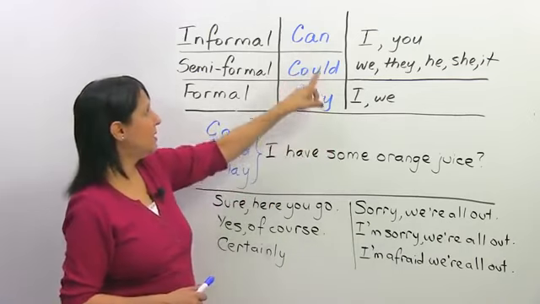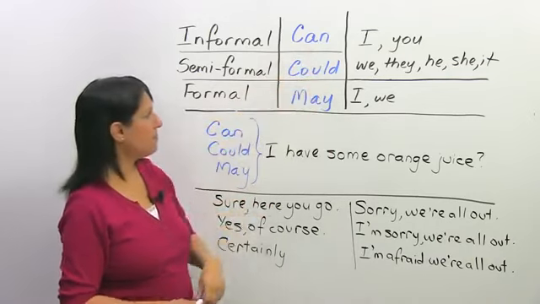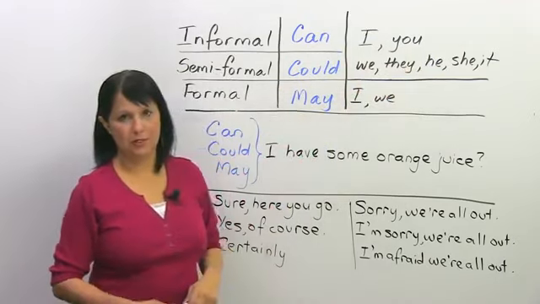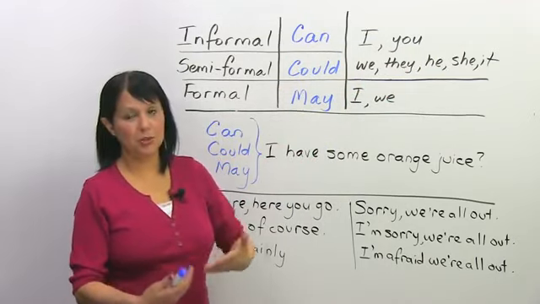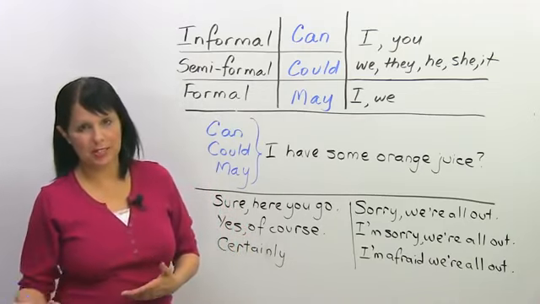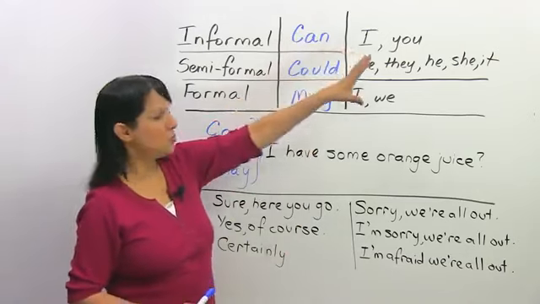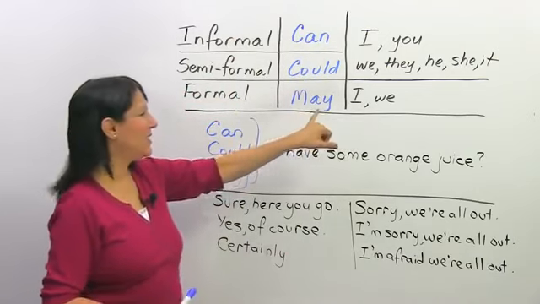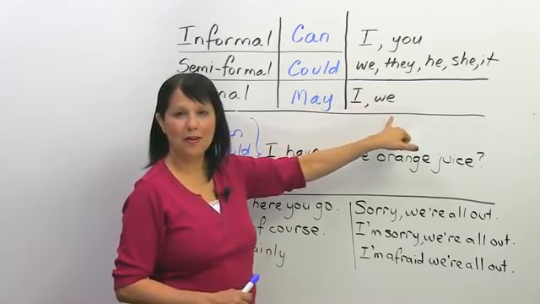Now, there is a little difference in terms of the grammar of how we use these 3 words. With can and could, we can use those 2 with all of the pronouns. So we can say, can I, can you, can we, could they, could he, could she, could it. But when we come to may, we can only use it with I or we.